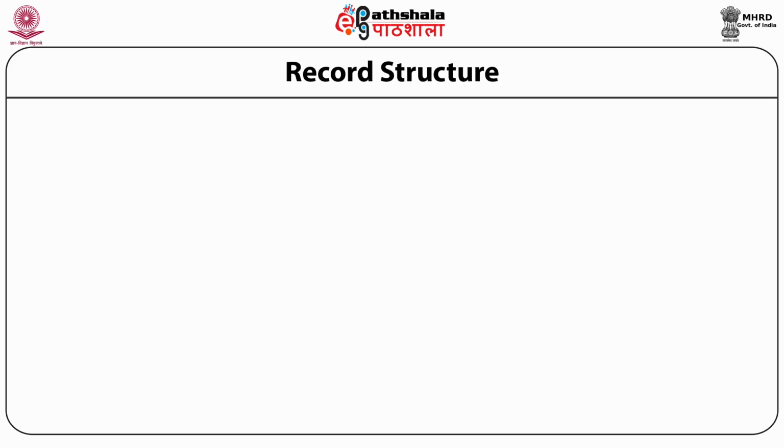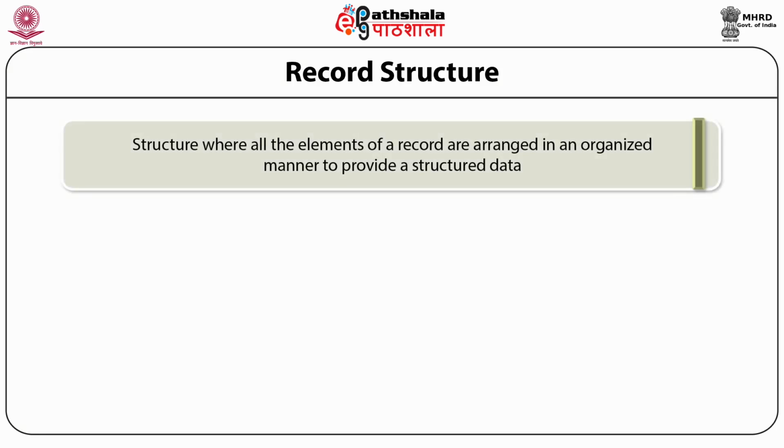Record structure. One of the important things about data storage is how the record is stored, or what the structure of the record on the device is. Basically, structure is where all the elements of a record are arranged in an organized manner to provide a structured record.